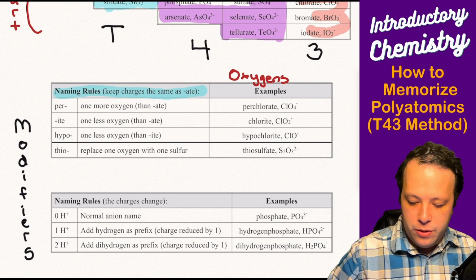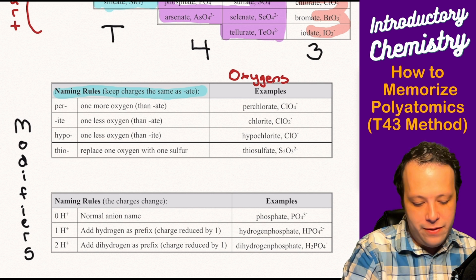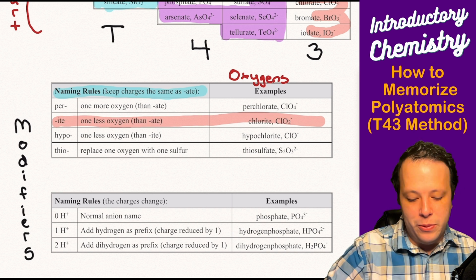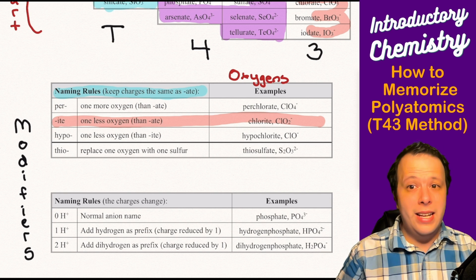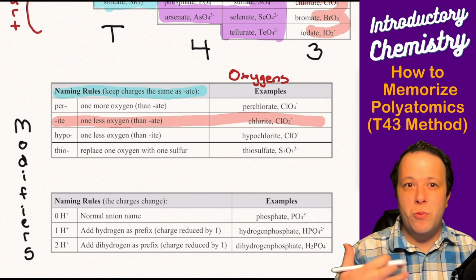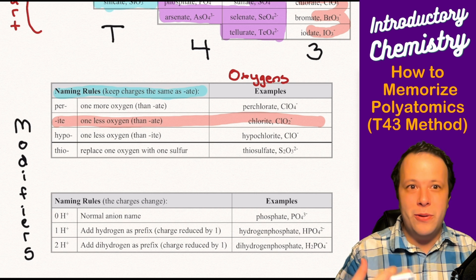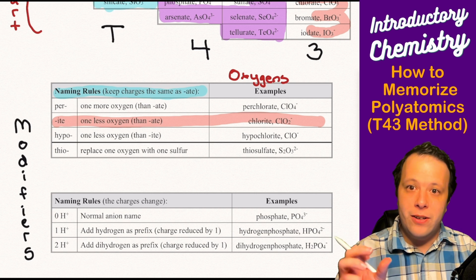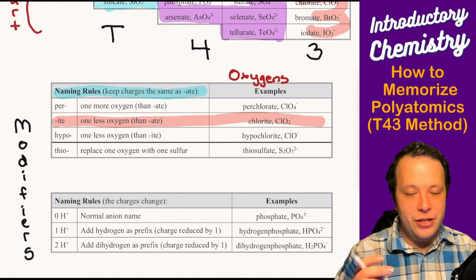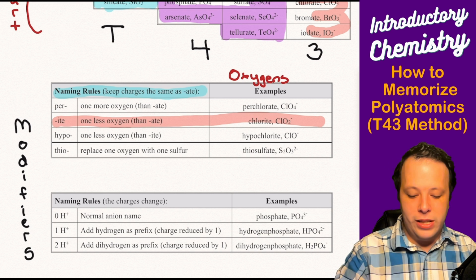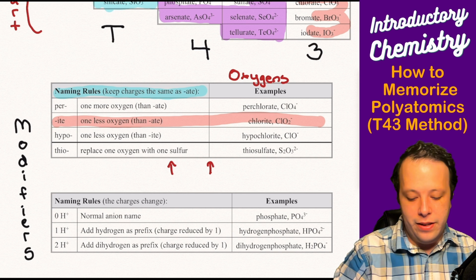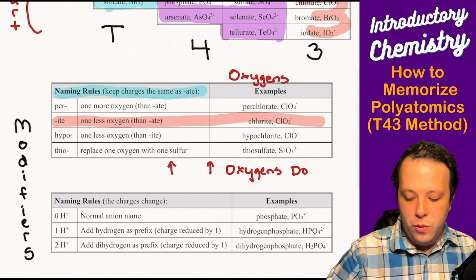When we start with our ate ending, you can see that ite is the first place most people look, which is 1 less than the ate. If you have per, that means you have 1 more than the ate. Hypo is 1 less still. So it's a modifier. If your oxygens do not match, you look at this table. Now, what about the other ones?